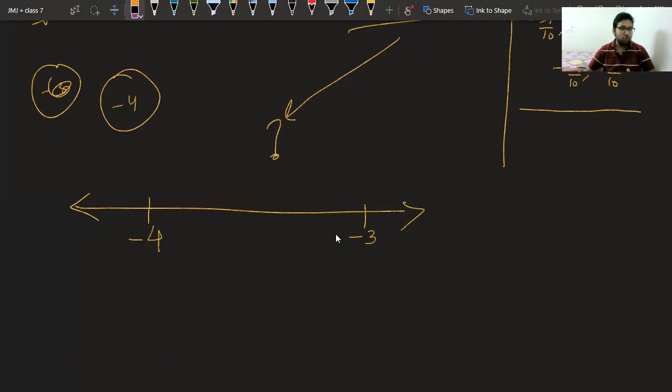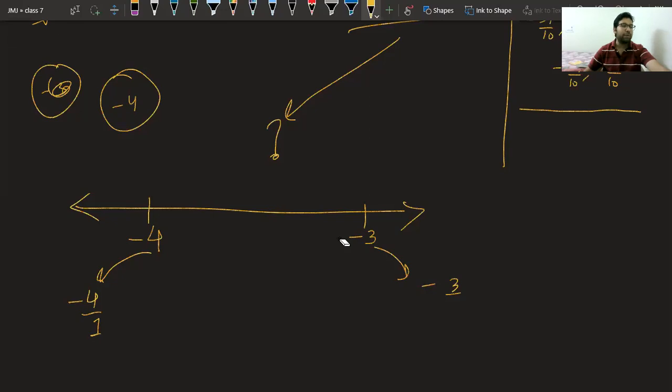Now tell me, what is the rational form of minus 4? Tell me how you can write minus 4 as a rational number. Minus 4 upon 1. Very good. Similarly, how can you write minus 3?